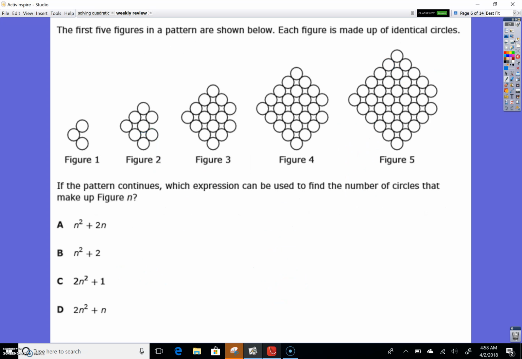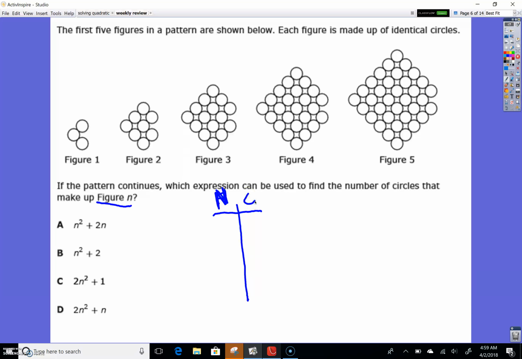Okay, the first 5 patterns in the figures are shown below. Each figure is made up of identical circles. So, first thing we need to do is make a table. Figure, which is my N, and circles.